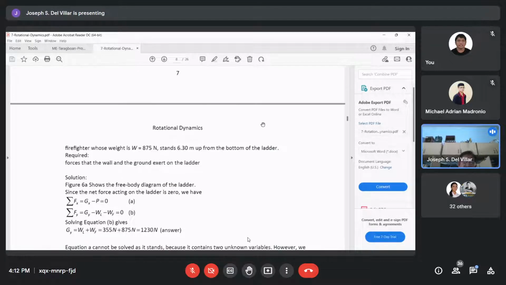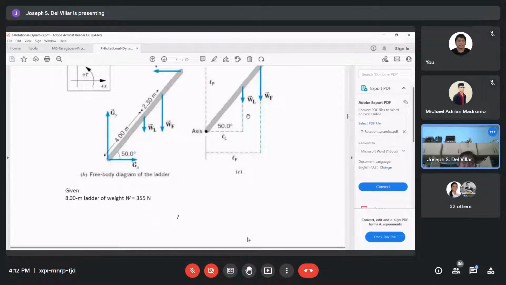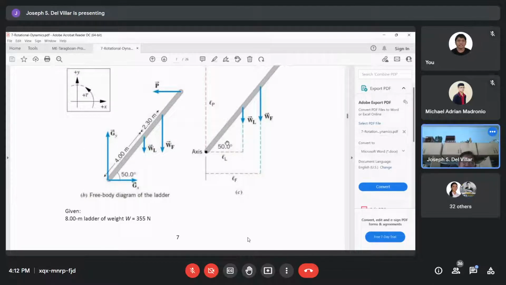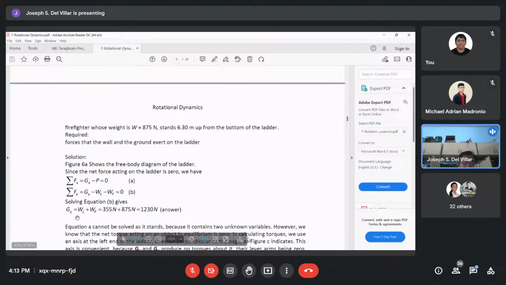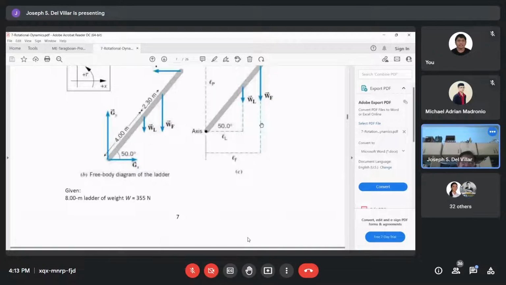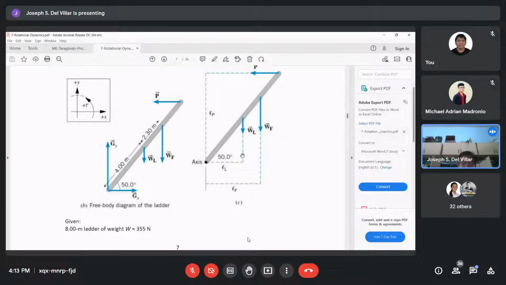So, ang torque equation ang magsosolve niyan. Okay? So, pwede rin dito, you can start with summation of vertical and horizontal forces, pero makukuha nyo lang dyan si Gy. Okay? Pagdating kay Gx, hindi nyo mako-compute si Gx tsaka si P kasi parehas sila unknown. So, anong makakasolve niyan? Dun sa summation of torque kanina.